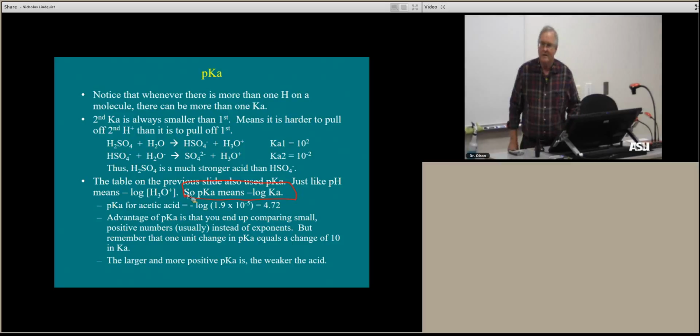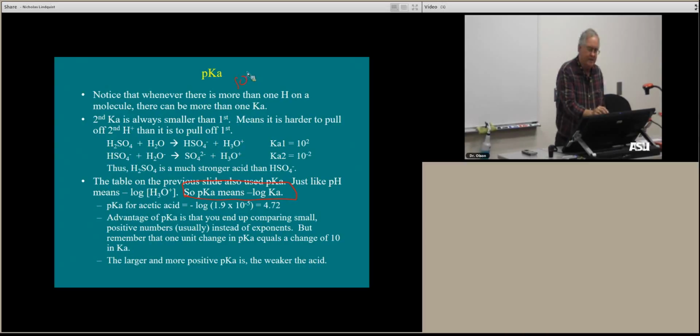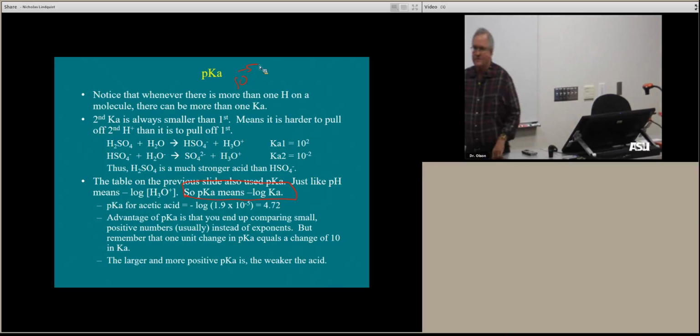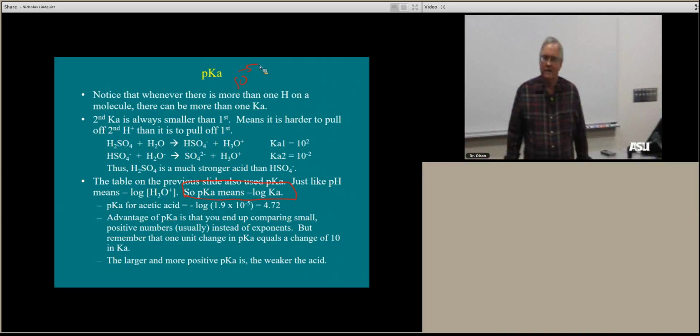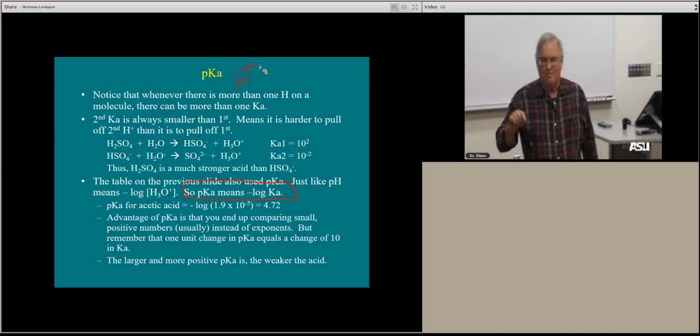So let's just take something that's easy. Remember that the logarithm is the 10 to the exponent. So whatever that exponent is, that's the logarithm, the common logarithm. So if I have a 10 to the -5, what's the pKa of 10 to the minus 5? 5. So the logarithm would be minus 5, right?